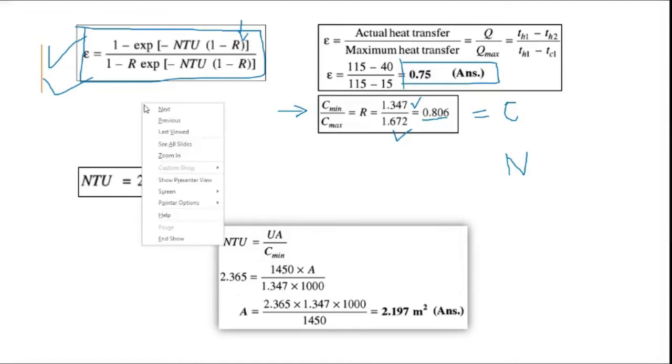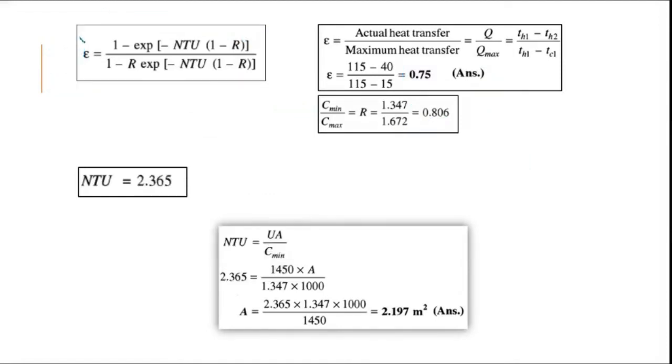If I put everything in this particular relation, epsilon is known, epsilon is equal to 0.75, which we have already calculated. The R value we are getting as 0.806, and here also R is 0.806.